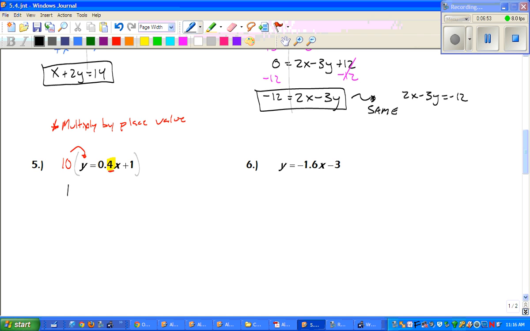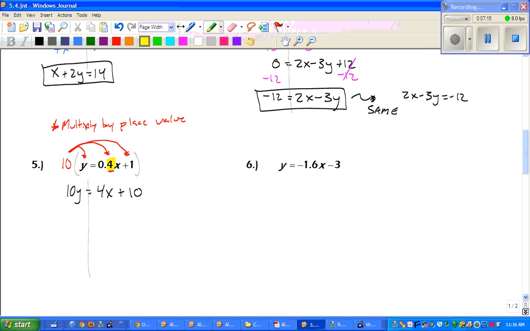And this is how this works out. So you get 10y equals, when you're multiplying by 10, you're just moving the decimal one spot, and plus 10. Okay? Now it's the same thing.